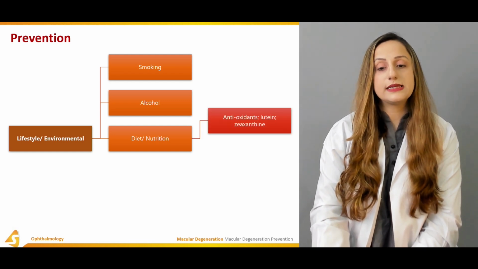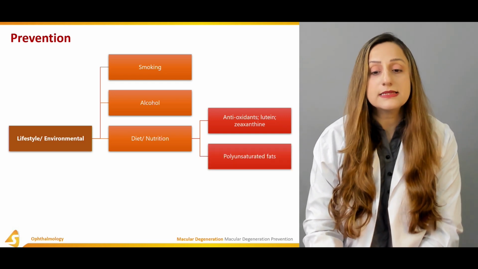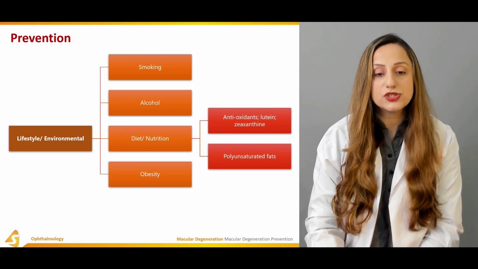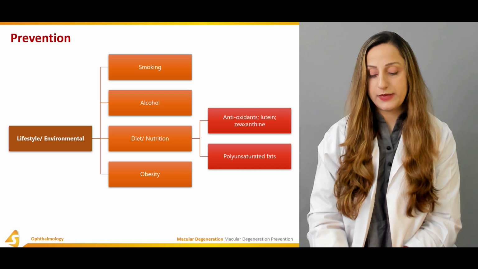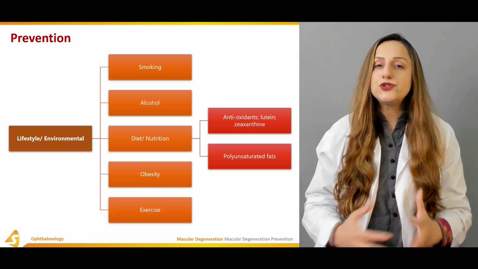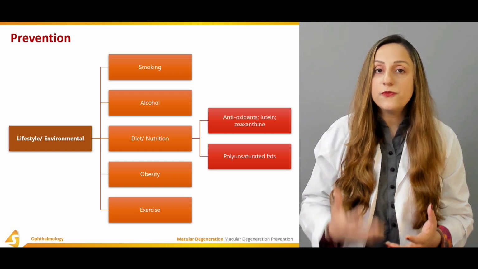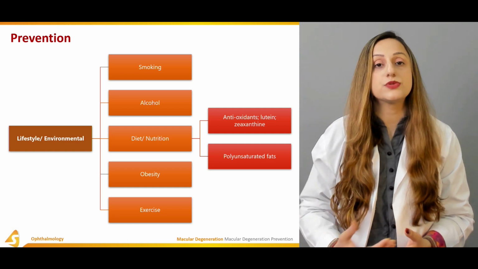It includes the antioxidants, the use of lutein and zeaxanthin. The polyunsaturated fats have to be avoided in a patient. Obesity is one of the risk factors for the development of macular degeneration, and then exercise. A sedentary lifestyle is going to contribute to the development of the disease, so it's again very important to start exercising.